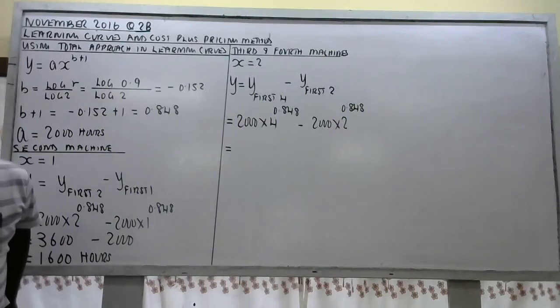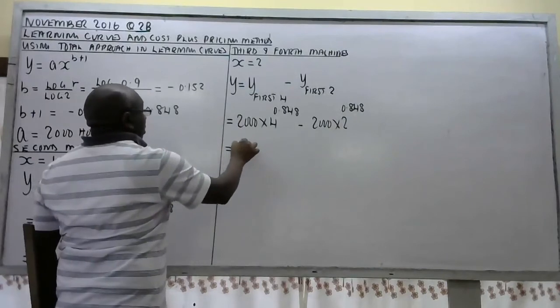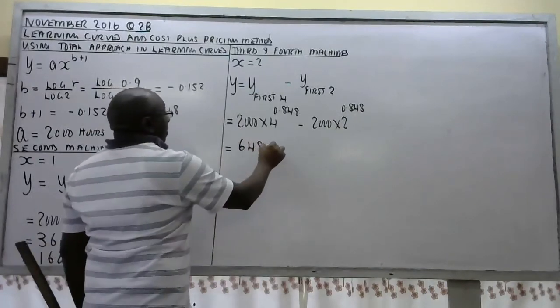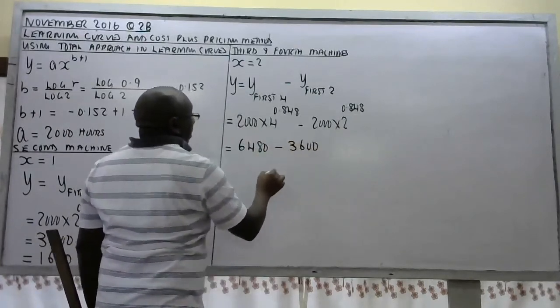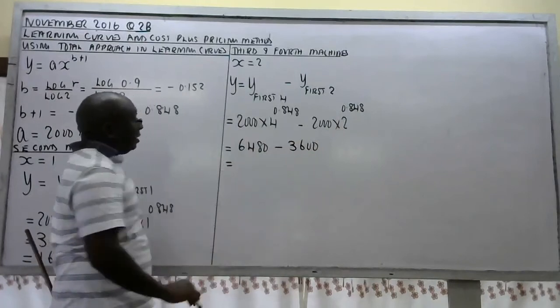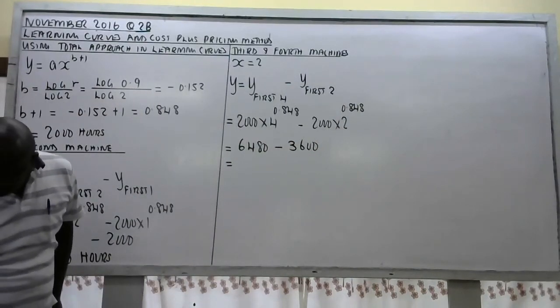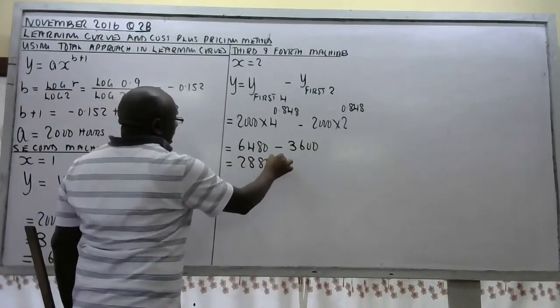So running back to the calc, multiplying by 2,000, I'm able to get 6480, minus this one I had already computed, that 3,600. So if I subtract that, it is 2880 hours.